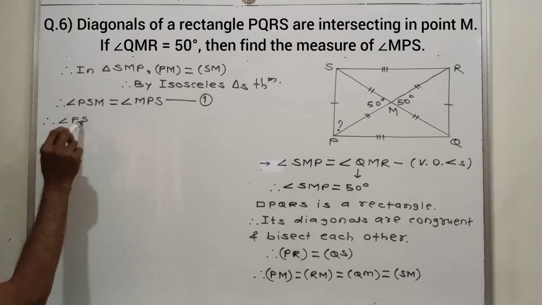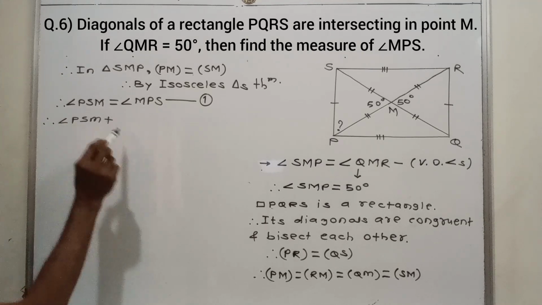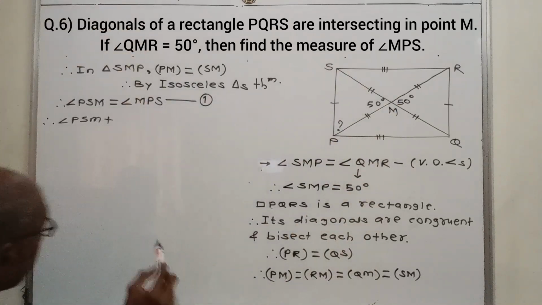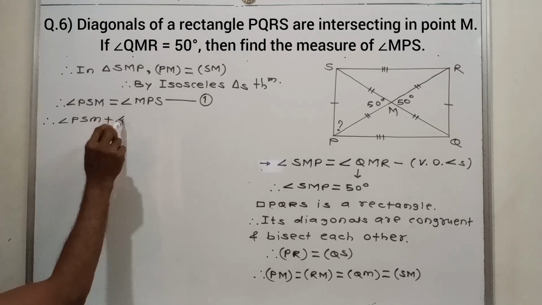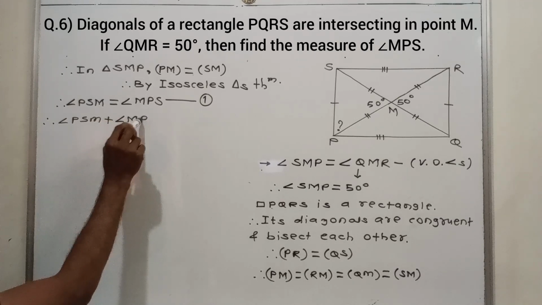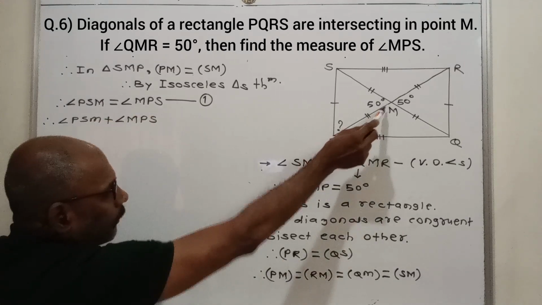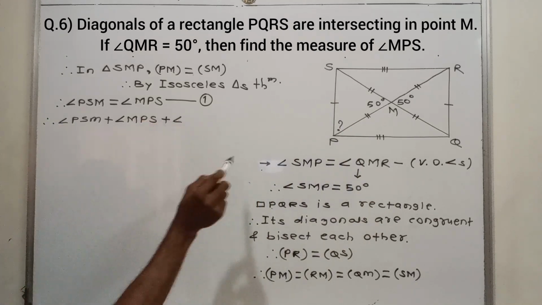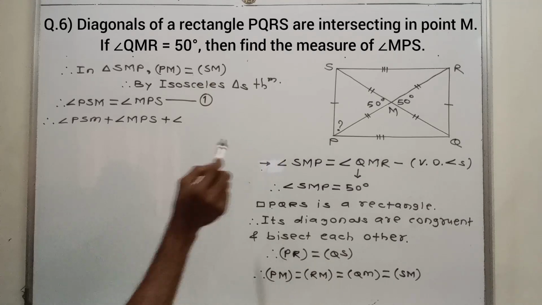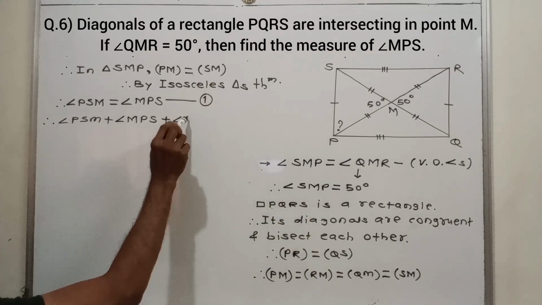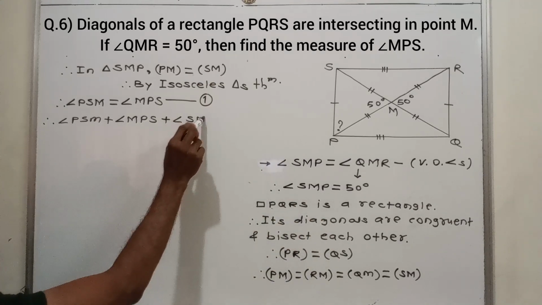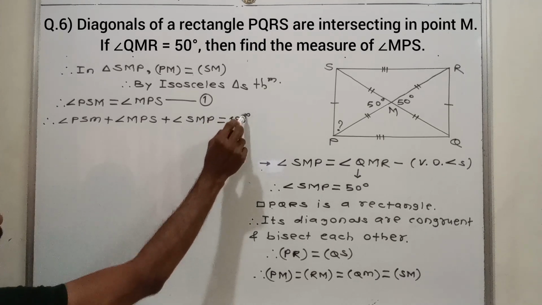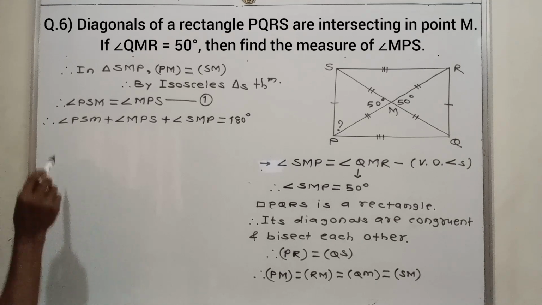Angle PSM plus angle MPS plus angle SMP is equal to 180 degree.